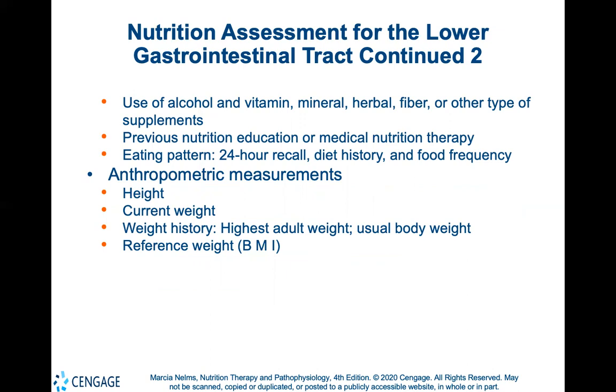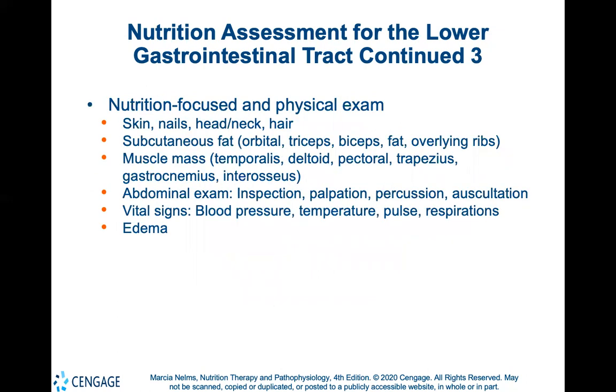Anthropometric measurements: height, the current weight, weight loss history, the highest adult weight, usual body weight, and a reference rate using the BMI. Just continuing, you can look at the nutrition focused physical exam: look at the skin, nails, head, neck, or hair, subcutaneous fat, muscle mass, abdominal exam, vital signs, edema.